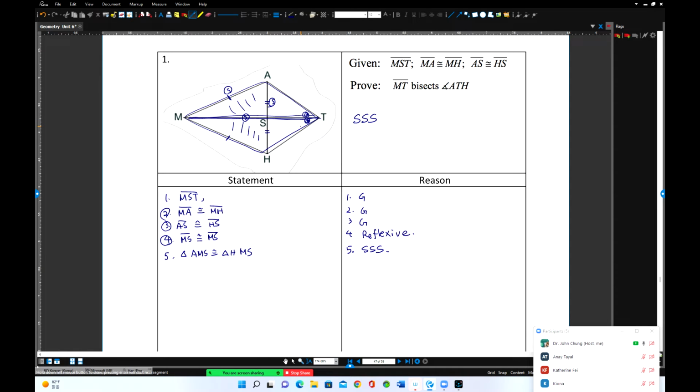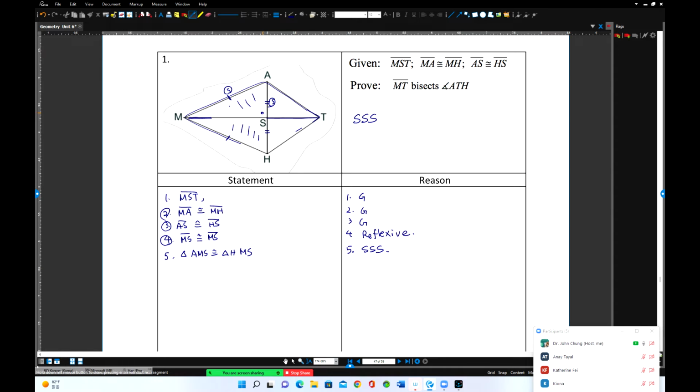Is it okay? They said MHT already, okay. We better make it simple, okay? Because they said MHT is a line, okay? That's fine. Now I'm gonna go this way. These two triangles congruent, what did I get?